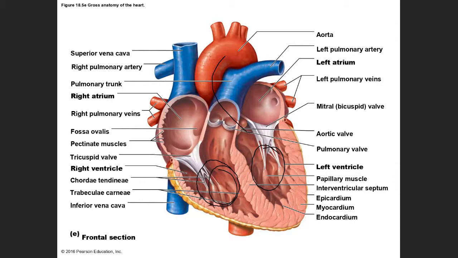Later on, we're going to talk about some diseases. Okay, some issues or disorders that affect the valves. For example, aortic stenosis. This aortic valve stenosis. Stenosis means narrowing of the valve. What can that cause?